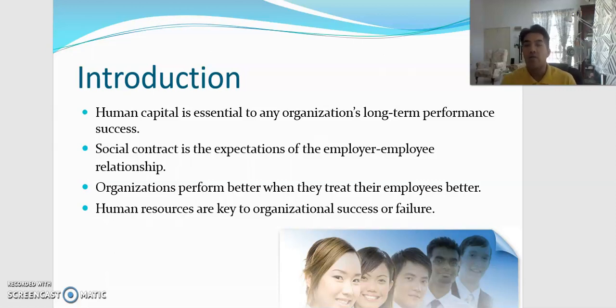So, of course, human capital is essential to any type of organization to ensure its long-term performance. And it is a social contract in terms of the expectations between the employer and employee relationship. It needs to be managed. As an employee, we have our own demands, and as an employer, they also have their own expectations.